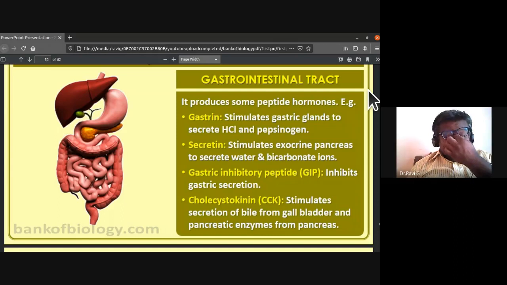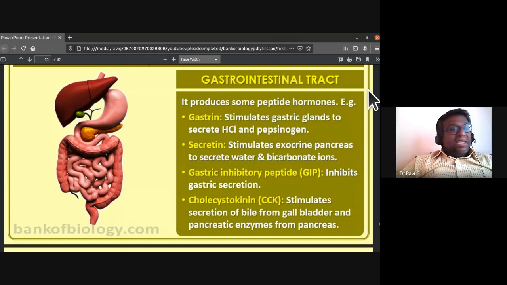The exocrine pancreas is the duct gland which secretes enzymes. So that part of the pancreas is stimulated by secretin, and they secrete water and bicarbonate ions. So the secretin stimulates the exocrine part of pancreas to secrete water and bicarbonate ions.